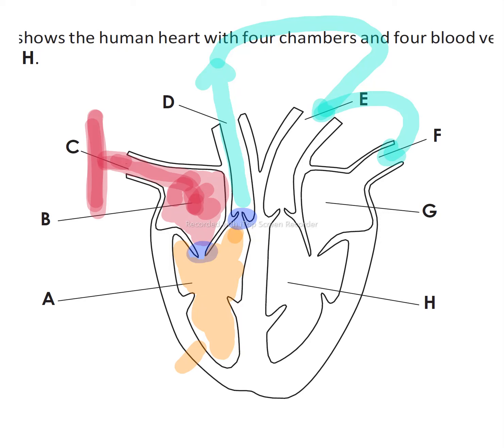Okay, so it's come into the left atrium. So this is that chamber at the top. It's going to go through this bicuspid valve into the left ventricle.